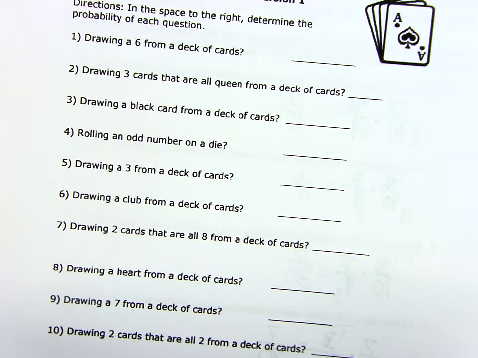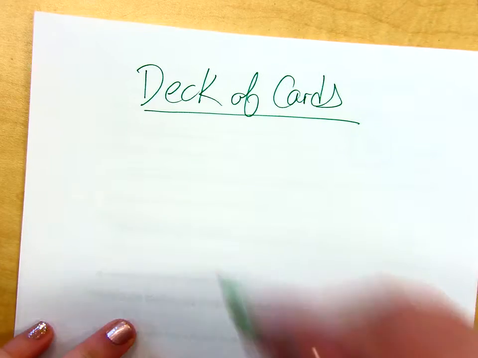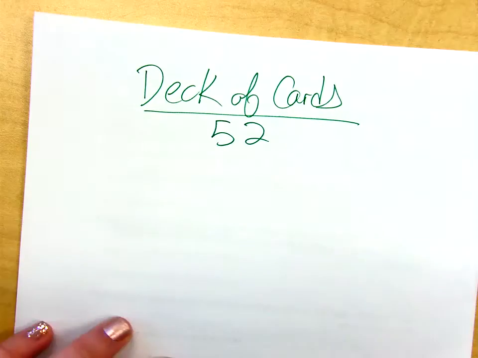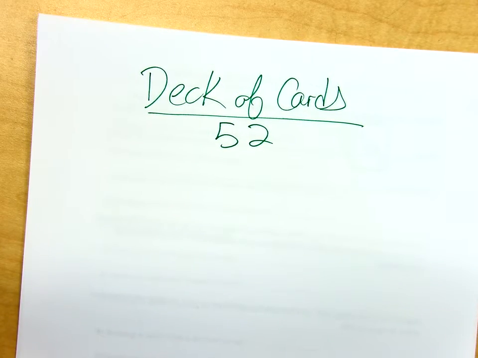So, before we start, I always find that not everybody knows how decks of cards are split up. 52. Yes. In a deck of cards, in all, you have 52 cards. There are 4 groups called suits.